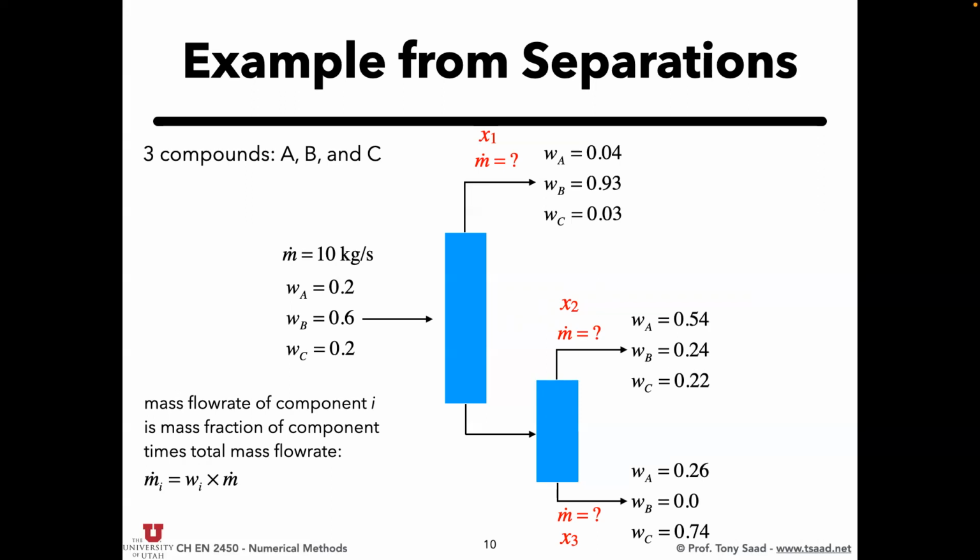So 2 kilograms per second correspond to compound A, 6 kilograms per second correspond to compound B, and 2 kilograms per second correspond to compound C. So in other words, the mass flow rate of component I is simply the mass fraction of I times the total mass flow rate. Okay?